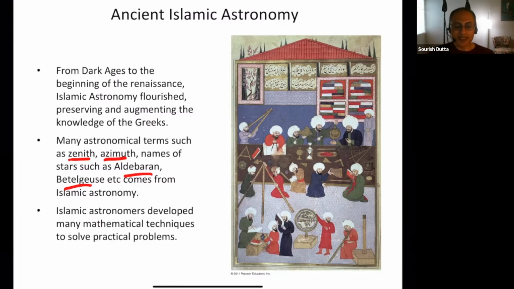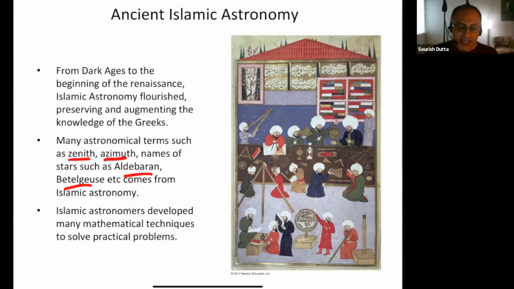Many mathematical terms also come from Arabic. I believe algebra comes from al-jabr or something like that. I don't remember exactly, but it basically has an Arabic root. So Islamic astronomers developed many mathematical techniques as well to solve practical problems.